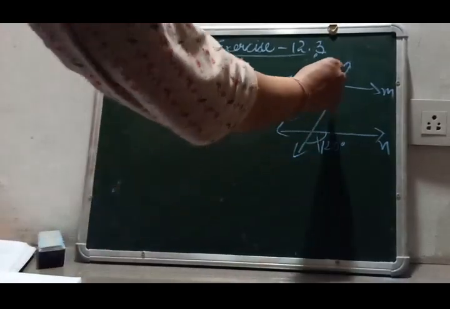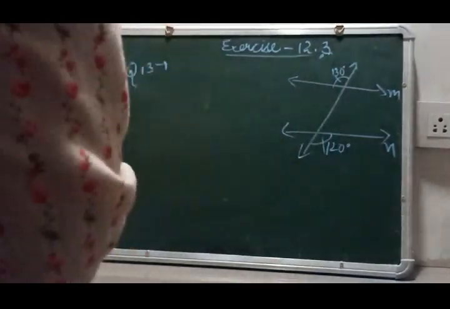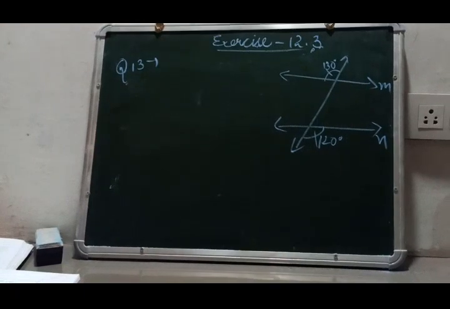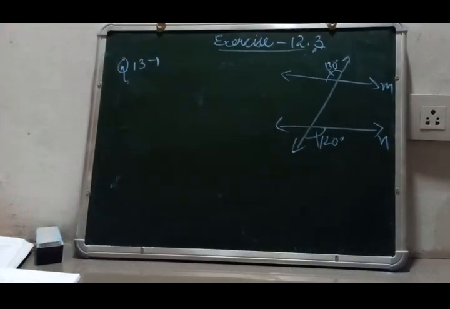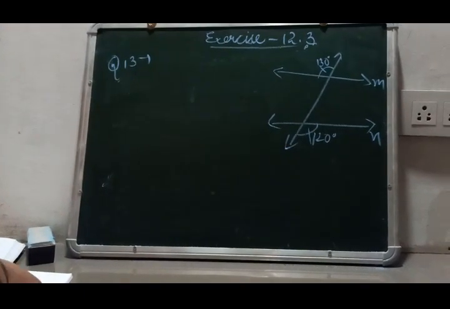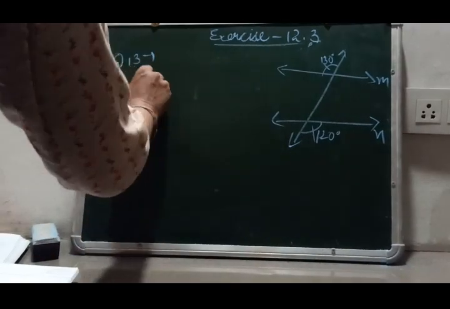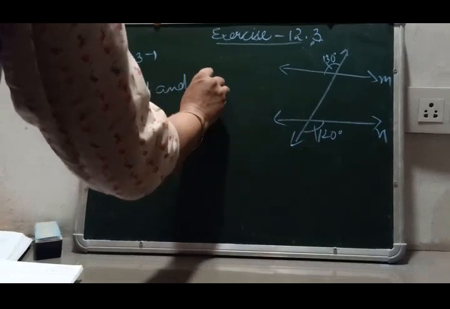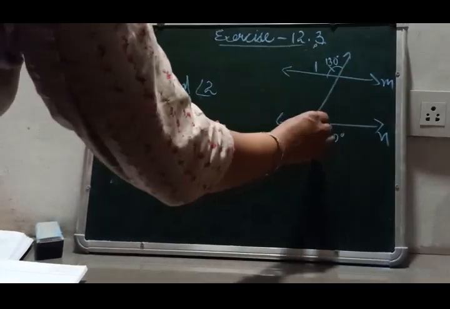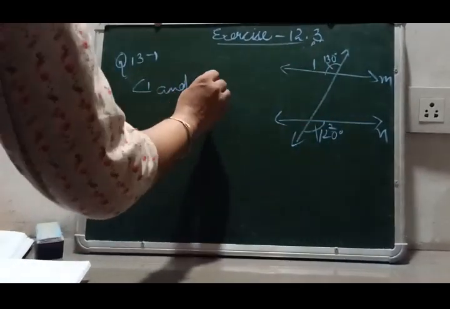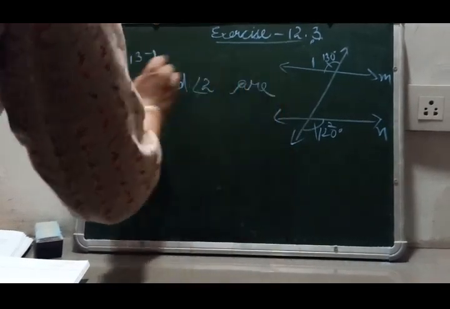Why so? Because these are a pair of exterior alternate angles, but these are different. So that means M and N are not parallel to each other. So you will write angle 1 and angle 2 are not equal.